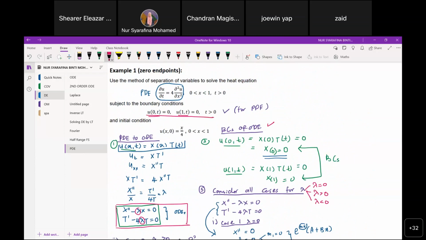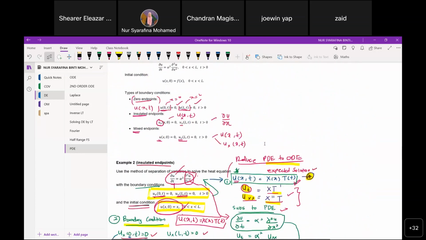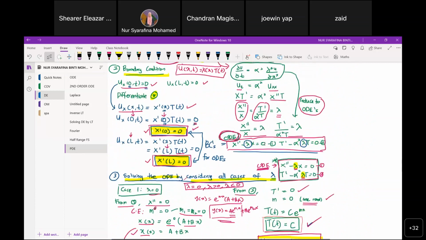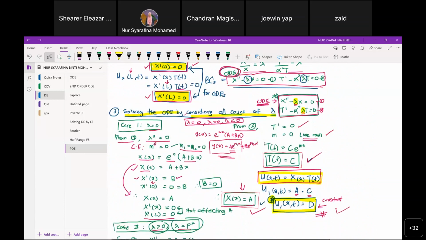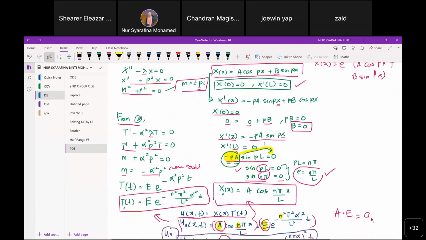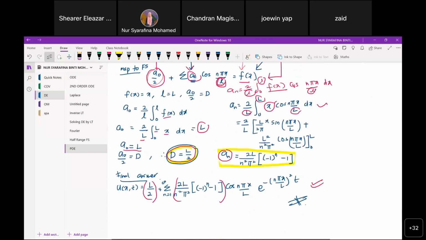Then that is your boundary condition. Then the same process. For this case, it is insulated, so you have to differentiate. That is the only difference. The process is similar. Once you obtain and fulfill all the conditions, you can have your final answer.